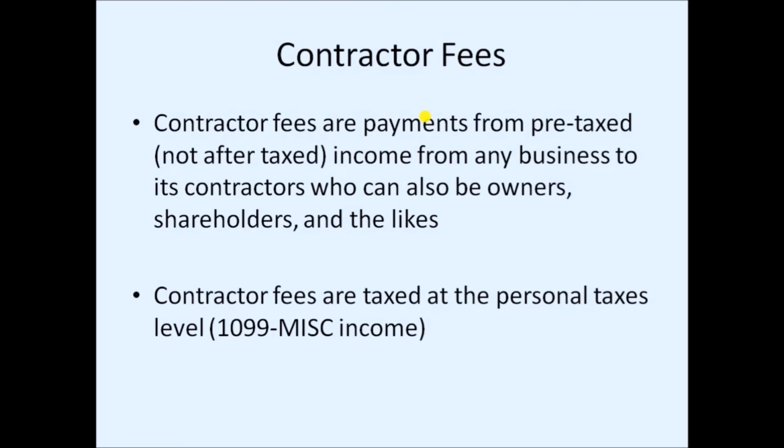Contractors receive contractor fees, and at year end they'll receive a 1099 miscellaneous income document for them to file their taxes, because both are taxed at the personal taxes level. But as we saw on the previous slide, they were deducted from income, 100% deducted from income, and therefore not taxed at the business tax return level.